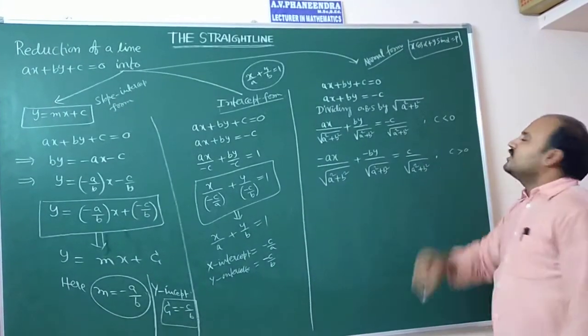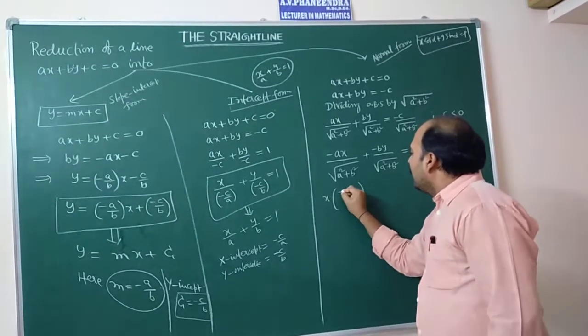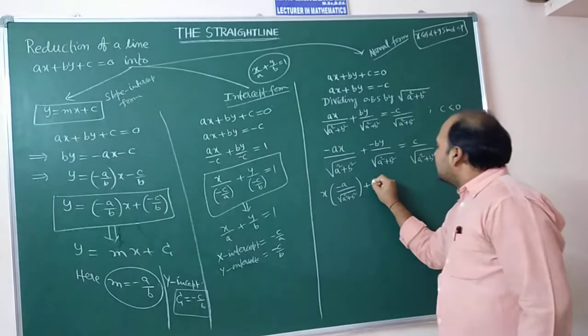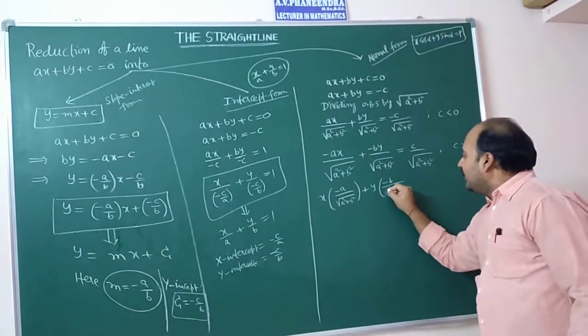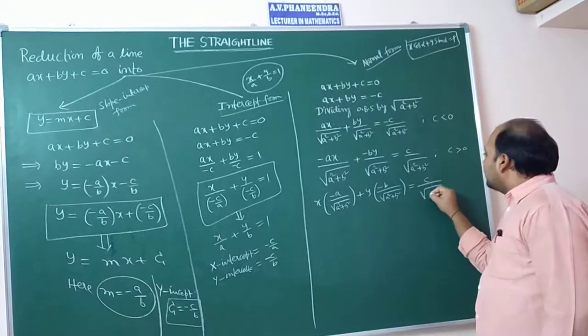This is the case c greater than 0. We can write as x into (-a by root of a square plus b square) plus y into (-b by root of a square plus b square) is equal to c by root of a square plus b square.